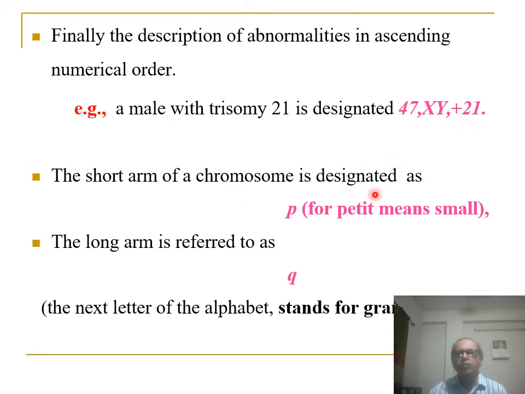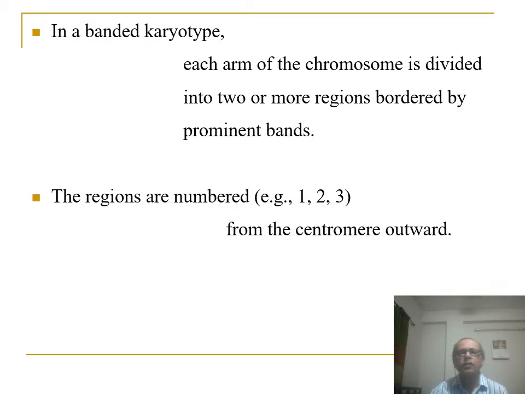The short arm of a chromosome is designated as P, and the long arm of the chromosome is referred to as Q, which is the next letter of the alphabet after P. In a banded karyotype, each arm of the chromosome is divided into two or more regions bordered by prominent bands.